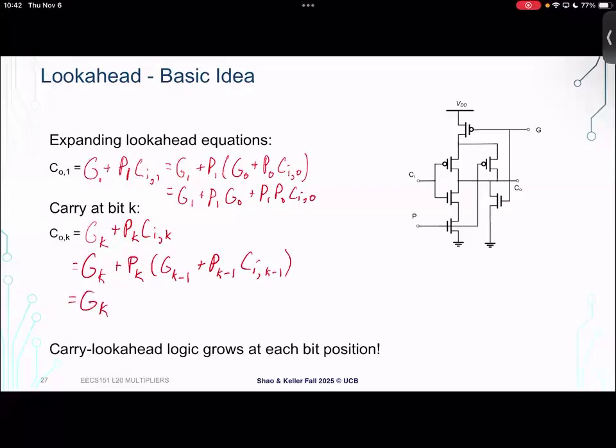And if we want, we can keep expanding this out recursively, down to k minus 2, and so on, all the way down the chain.